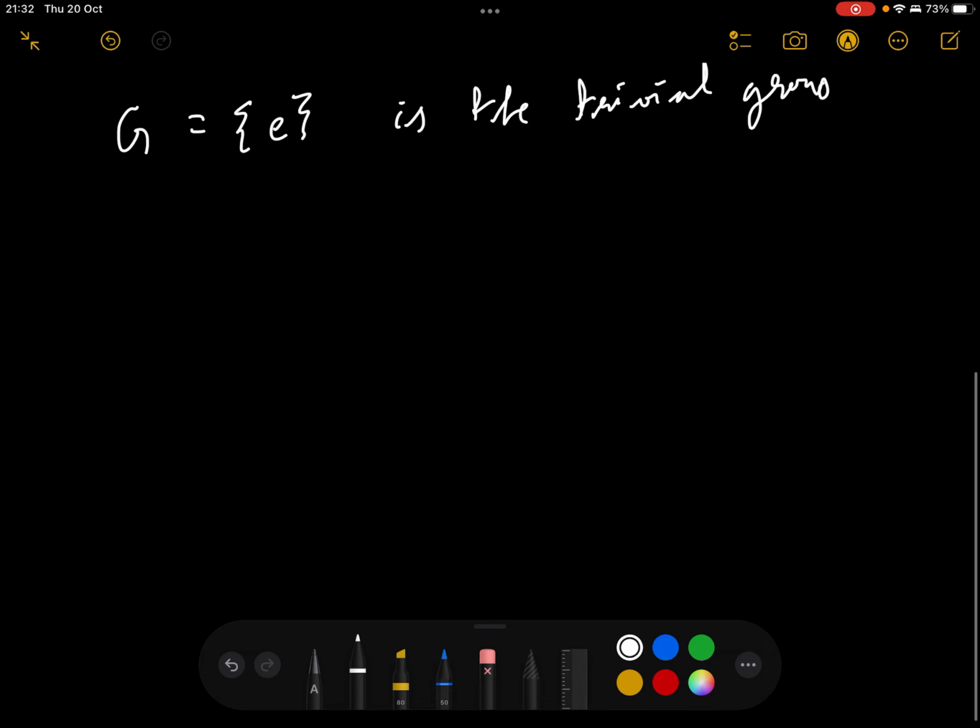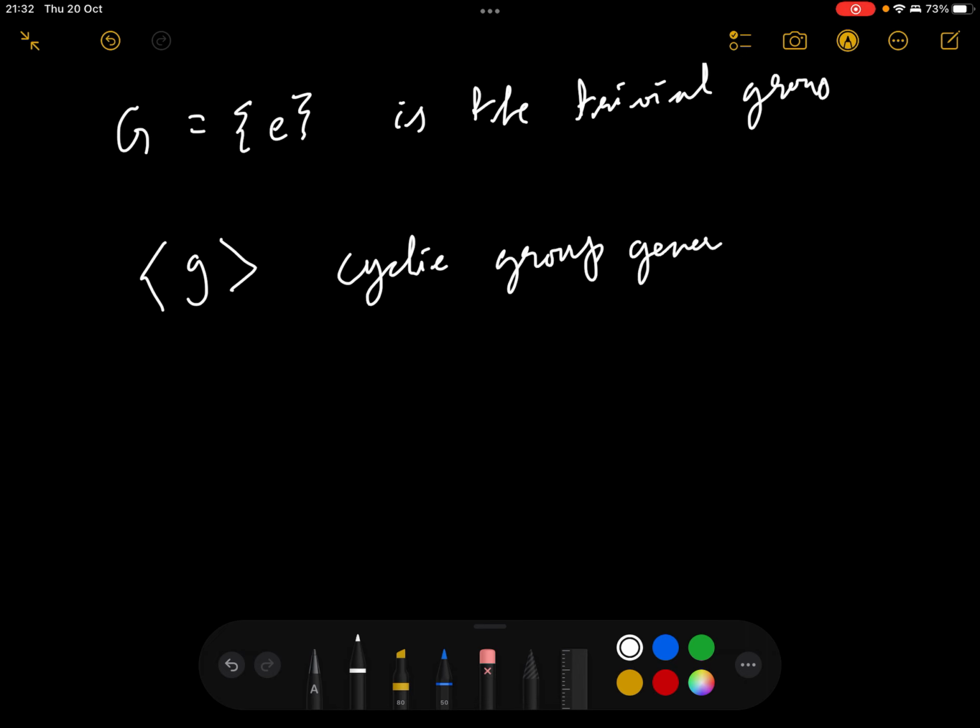Okay, some other forms of groups include the cyclic group generated by g. So this is equal to the set g to the n such that n is a natural number.